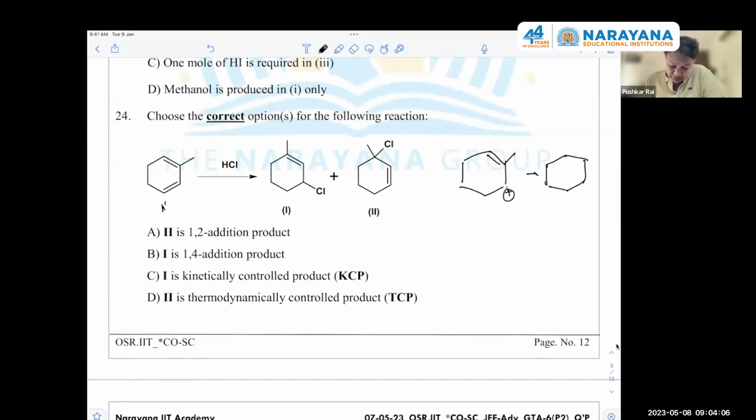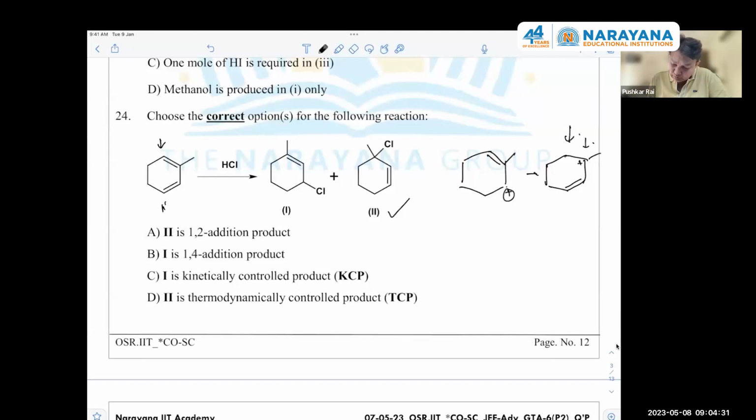And if you add the positive charge over here, then you get a positive charge over here. And these are the two products. So addition of HCl at this point is leading to this carbocation, and on this carbocation, if you're adding Cl, that is fantastic.